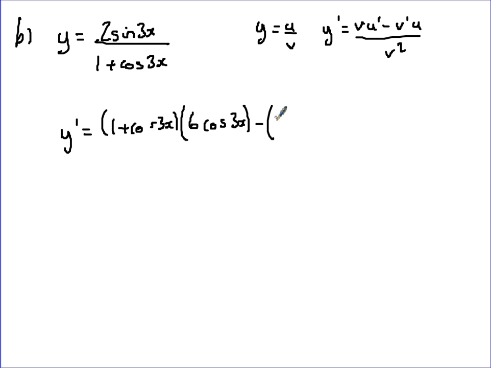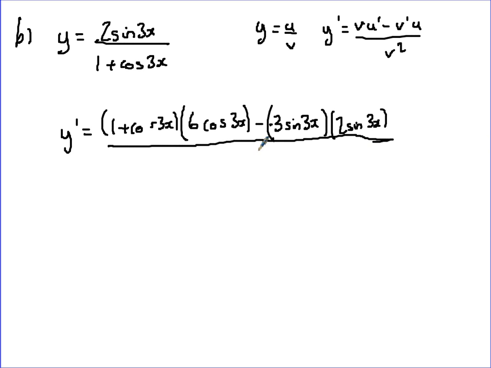Differentiating that will then give us minus 3 sine 3x. And then our u is just 2 sine of 3x. And that's all divided by v squared, so that's 1 plus cos 3x all squared.